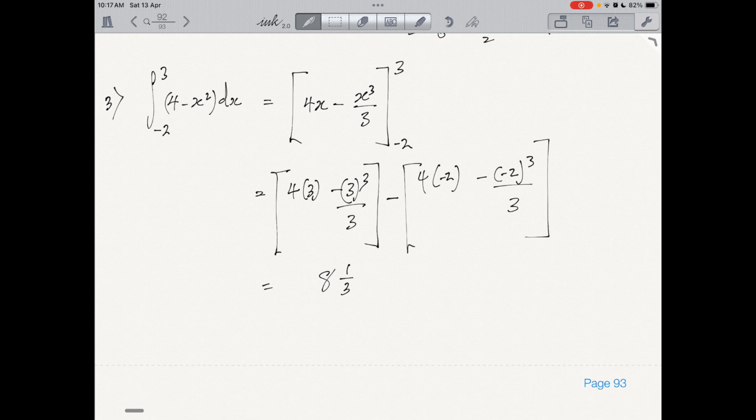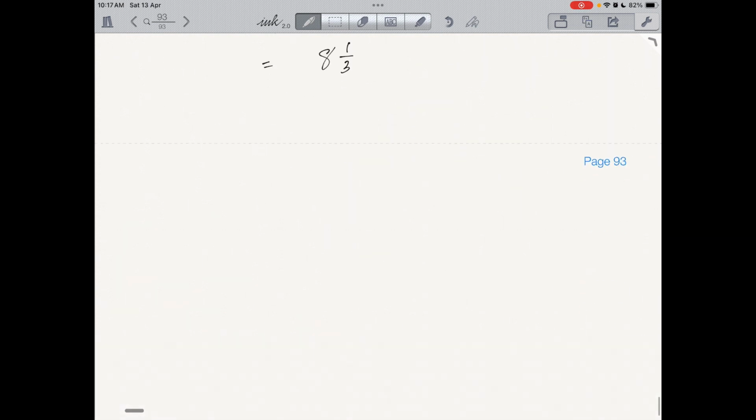Let's take another example, example 4. We are asked to integrate from 0 to pi over 2 of 3 sine 2x with respect to x.